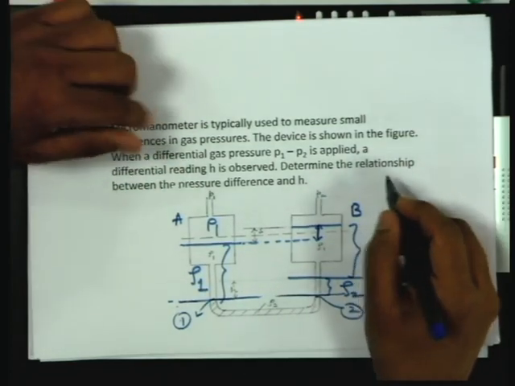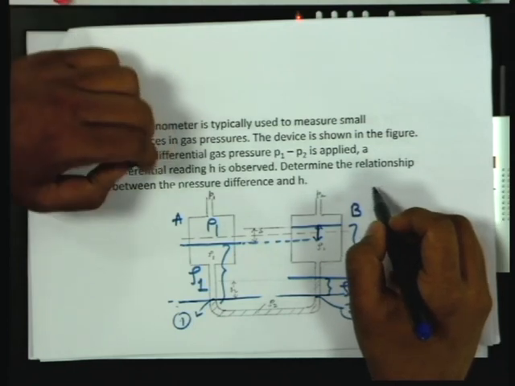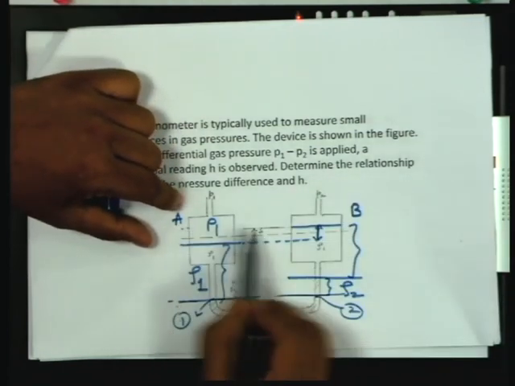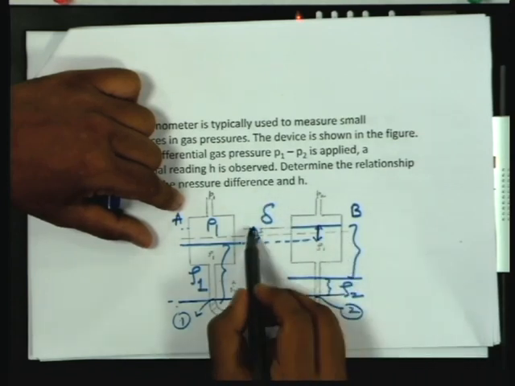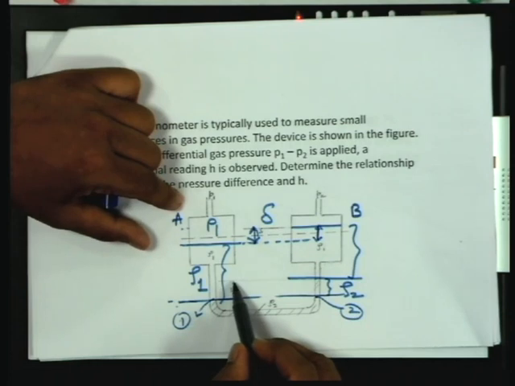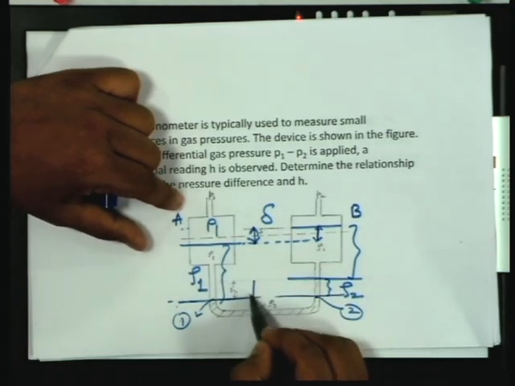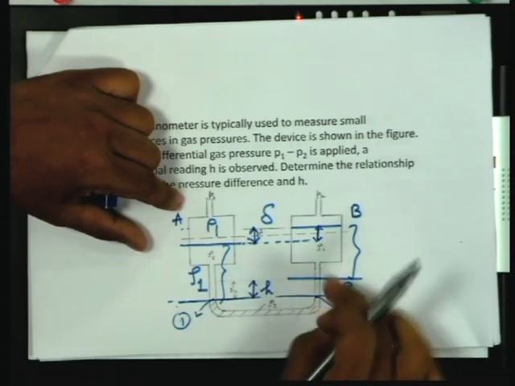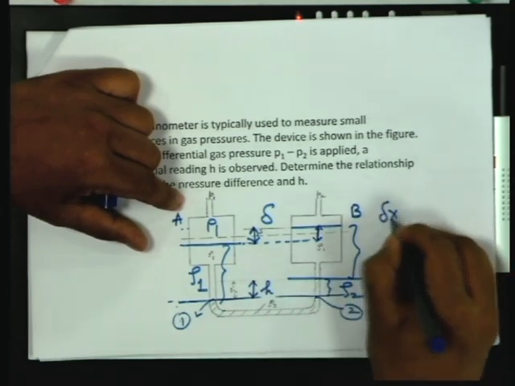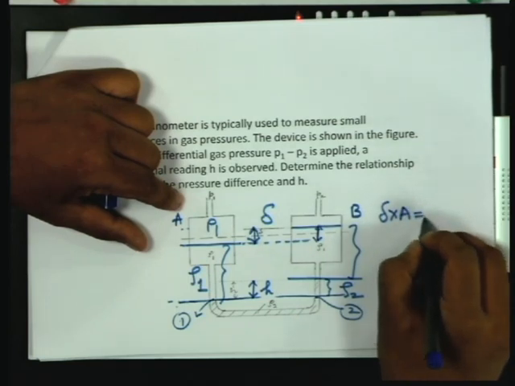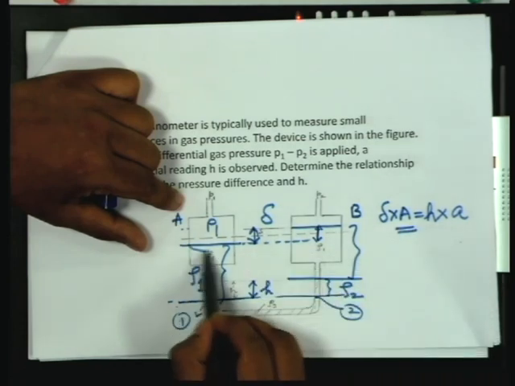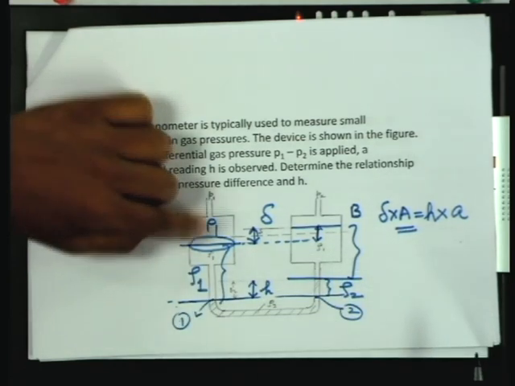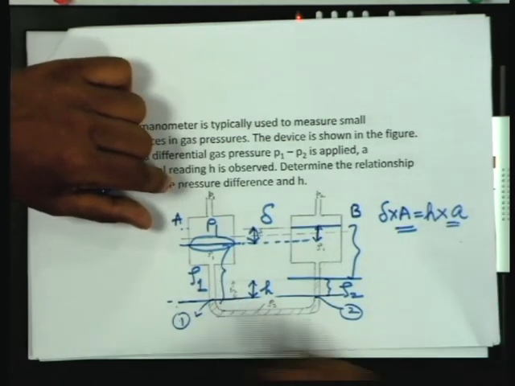Now, one important point to be noted here is, if the liquid gets depressed by a distance delta in the bigger chamber, the equal volume constraint will lead to a rise of height, say h, in the smaller column. So, delta times capital A is equal to h times small a, where capital A is the area of cross section of the bigger chamber and small a is the area of the small tube.